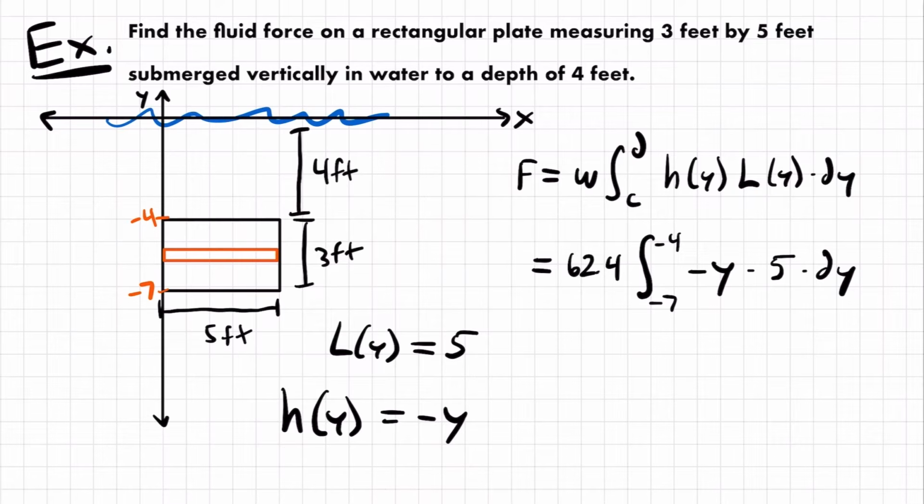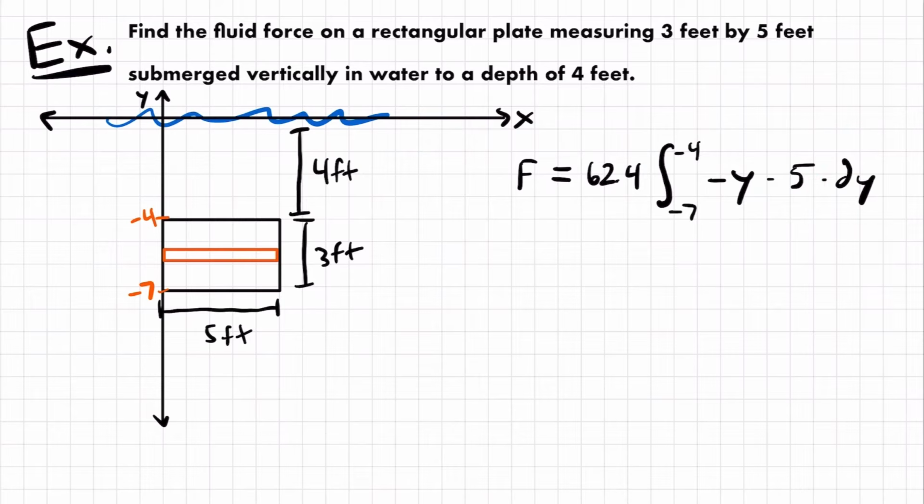All right, and so now we have finished setting up a definite integral that will allow us to calculate the fluid force on this plate or on this surface submerged vertically 4 feet into water. Okay, and so if I clean up my work here, let's solve this definite integral. If we pull this 5 and this negative out to the front of the integral, we'll multiply 62.4 by -5. That will give us that this is equal to -312 times the integral from -7 to -4 of y times dy.